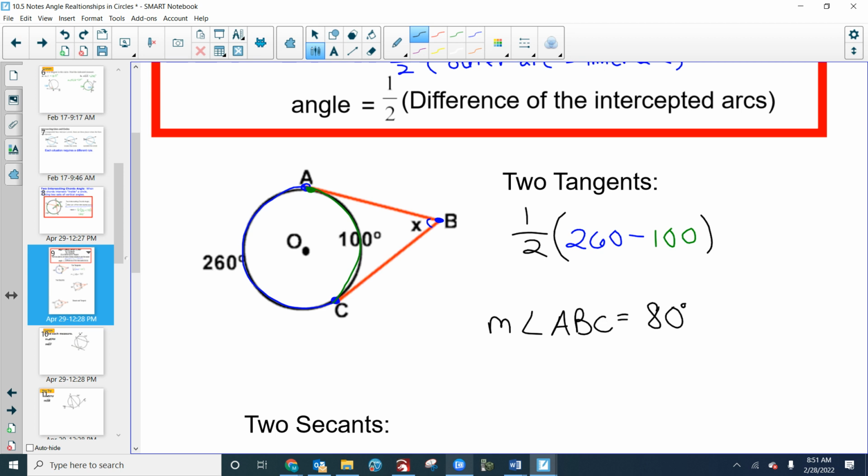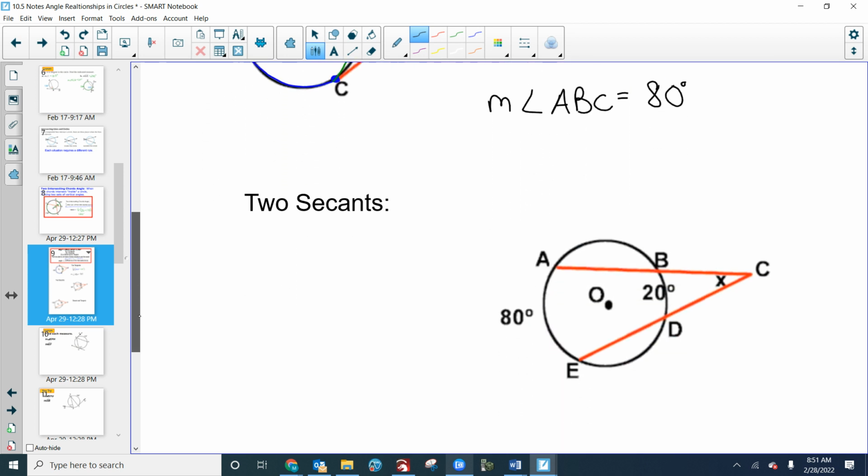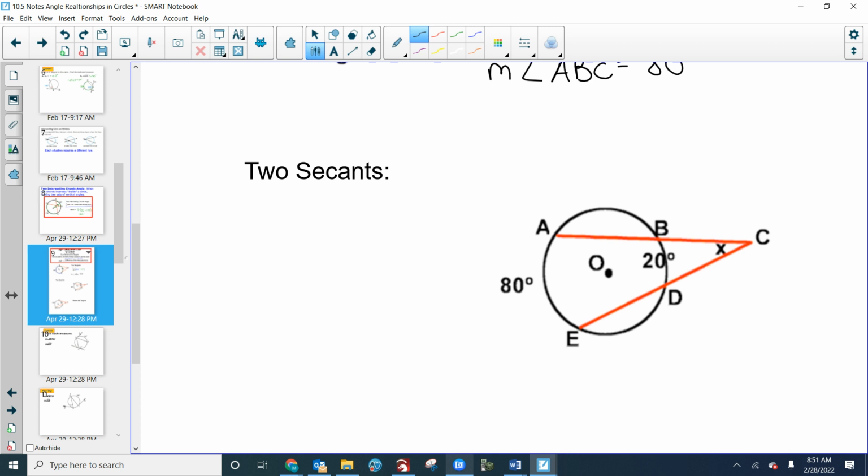Now, secants would be different. Secants are 2 segments or lines that touch the circle twice. When I say they're different, I mean they're not going to add up to 360. But we have the same formula.